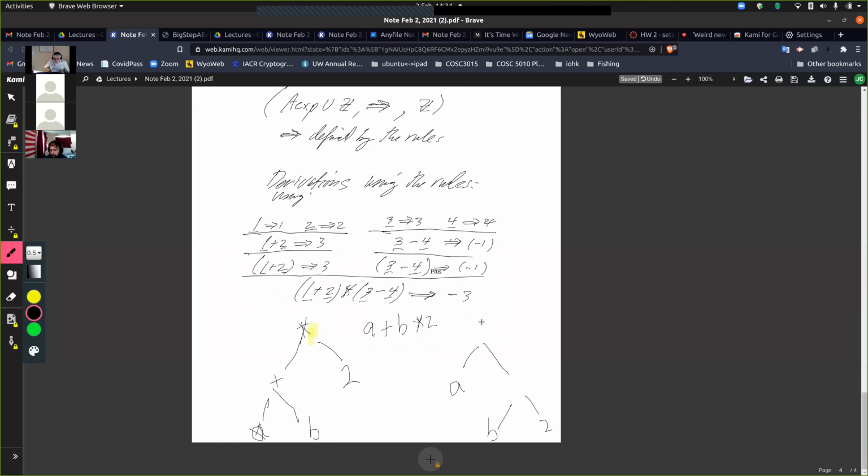Plus is here, and times is here. So these are two possible interpretations of this sequence of characters, depending on how you interpret the precedence of these operators.